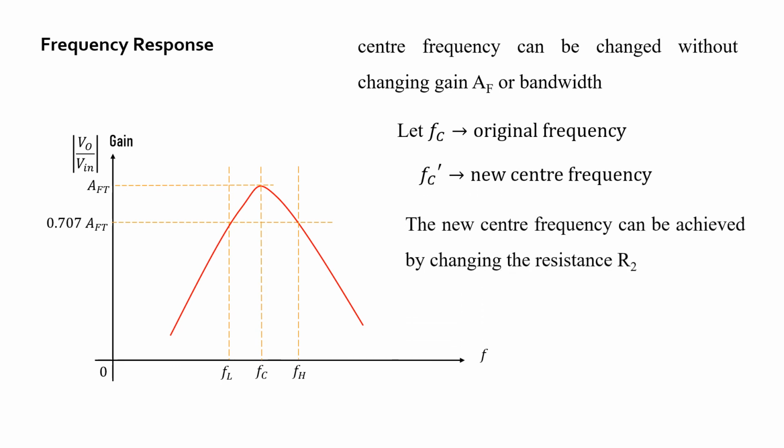The new center frequency can be achieved by changing the resistance R2 in the circuit. A resistance R2 is already present, and we change its value to R2 dash. This R2 dash will be equal to R2 times (Fc divided by Fc dash) whole square. With this, without changing any bandwidth or gain of the filter, the center frequency can be varied in the case of a narrow band pass filter.